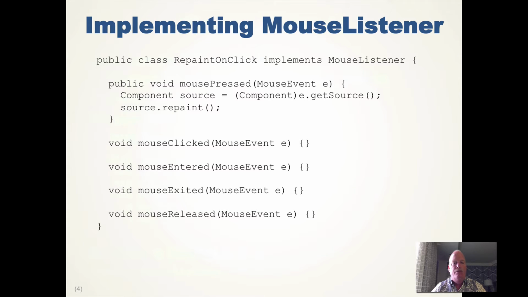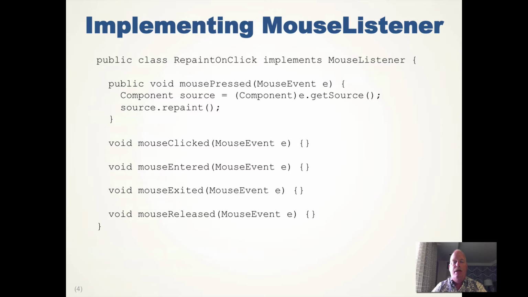So how would we implement a MouseListener? Here's an example of a repaint on click. We implement the MouseListener interface. We have to implement all 5 of the methods. So we're doing the mousePressed. We grab the component because the event has a getSource method that tells you what the source, the component of the source of the event is. So that gives you the actual GUI component.